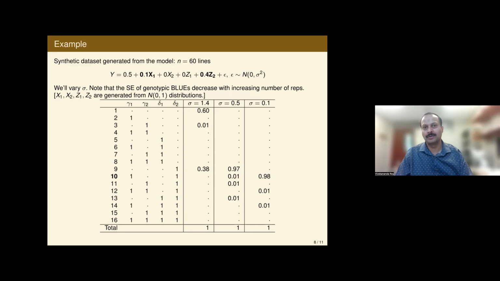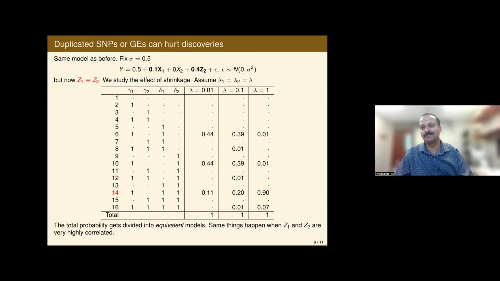Yeah. So as you have mentioned repeatedly, by using these hyperparameters lambda and w, you can try to recover those genes with small effect size. Yes.